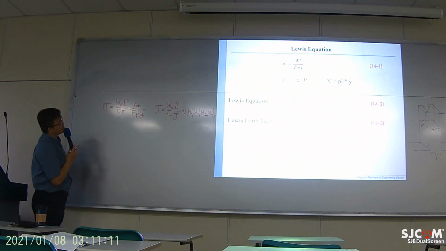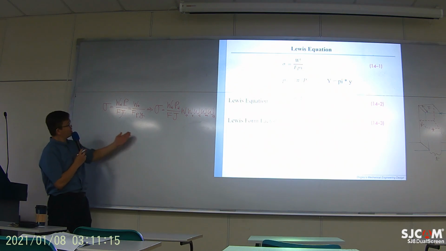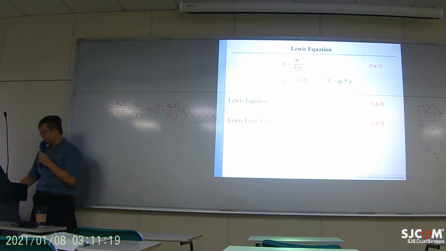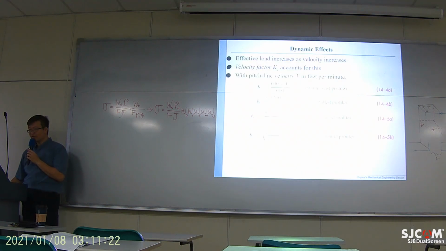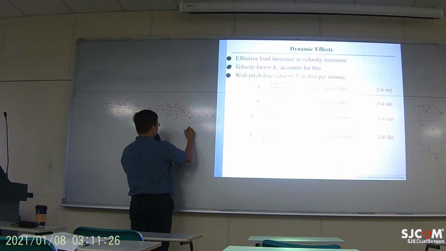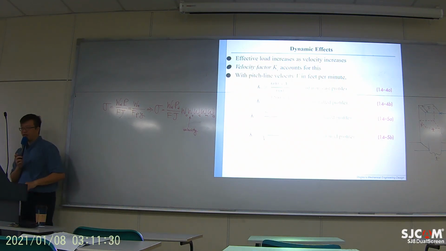Okay. So now this equation will be adjusted to this particular form. So the first factor, this basically is velocity. Due to velocity. If the velocity is 0, Kv is 1. So if it doesn't rotate, then it's fine.